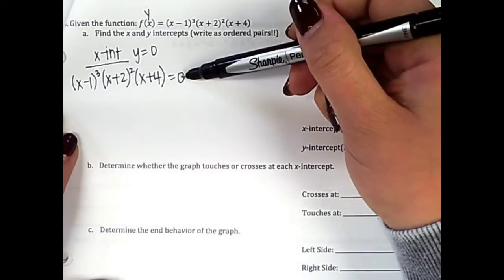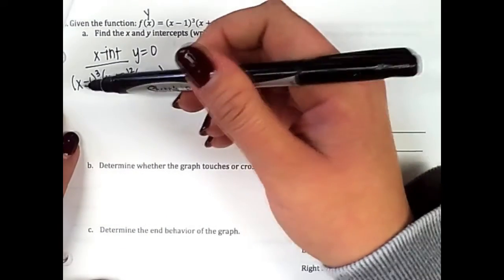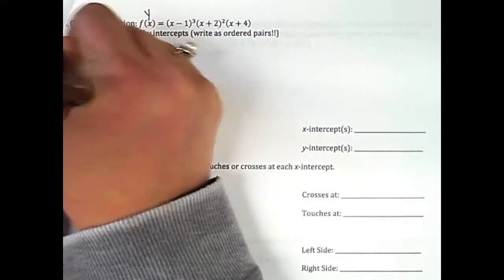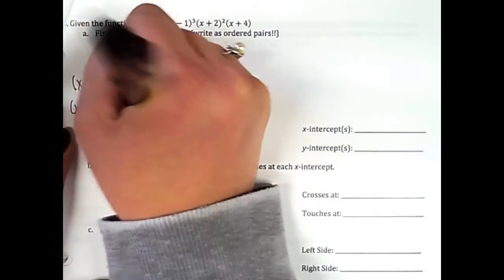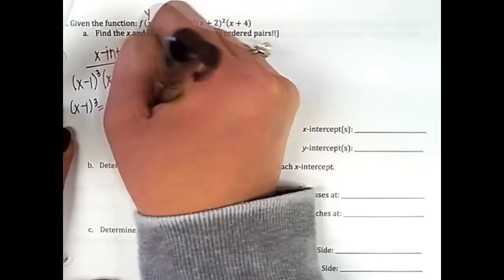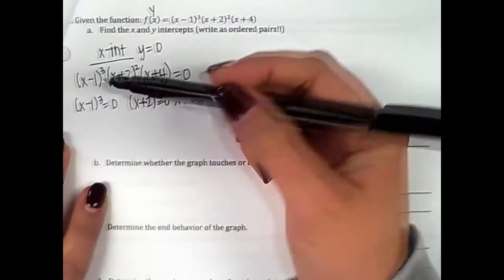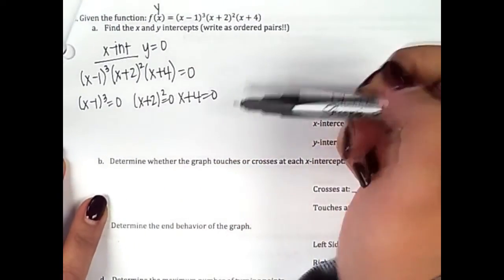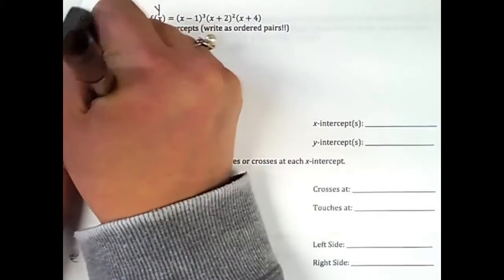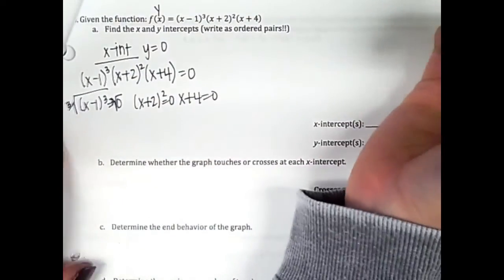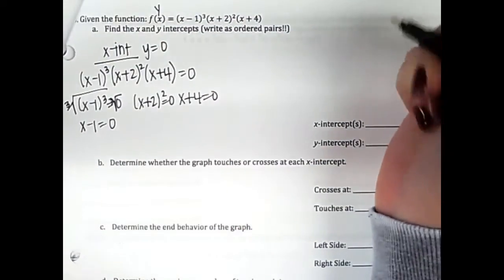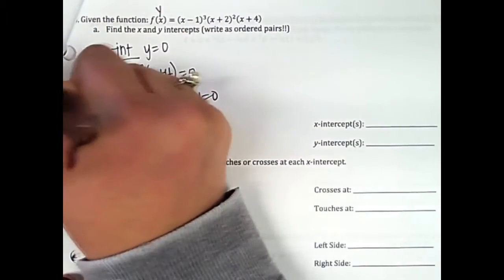So now that I have it equal to 0 and already factored, I can just set all of my factors equal to 0 to solve. Okay, so we have these cubes, squares, and I can just undo the cube by cube rooting it, and the cube root of 0 is just 0, and so x minus 1 equals 0, and then add 1, we get x is equal to 1.